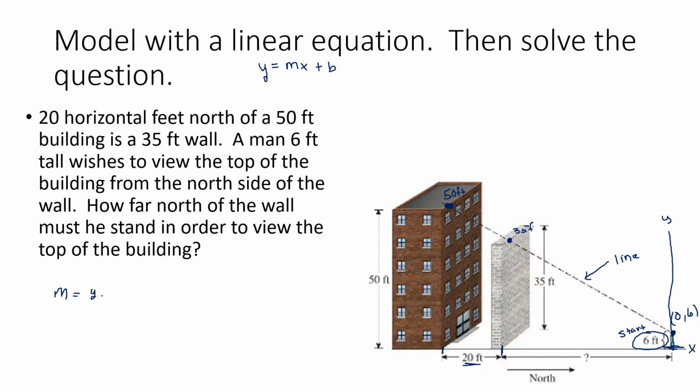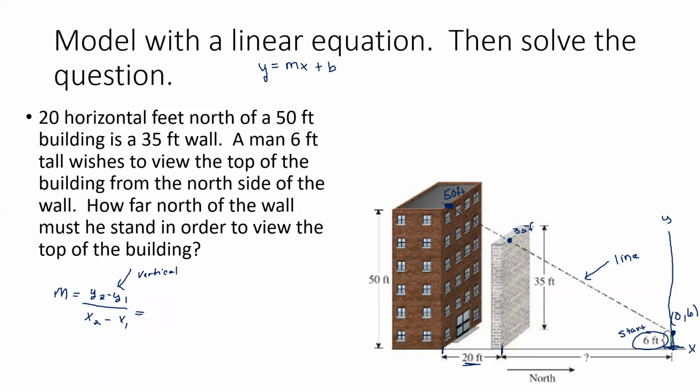And so because we were to write a linear model, we always want to start with slope. We know that slope is change in y over change in x, and we know that we find those changes by doing subtraction. We also know that y represents the vertical. And so if I'm looking for vertical change, I have from the starting person, who was 6 feet tall, to the wall as a vertical change, and from the wall to the building as a vertical change.